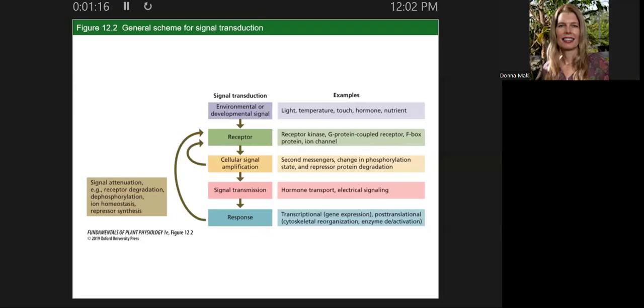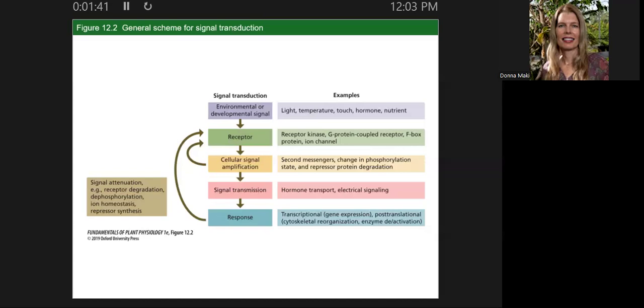But basically you have to get that signal amplified and transduced so that the right genes can get turned on or off, so that you can get a shift in behavior by the plant in order to respond appropriately to whatever signal that was initially. And after a while, you can imagine there's plenty of scenarios where the plant may have to stop that behavior.